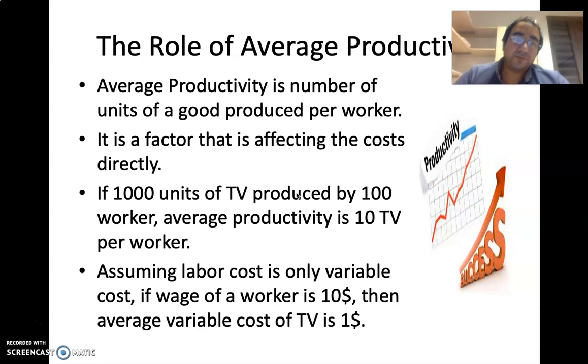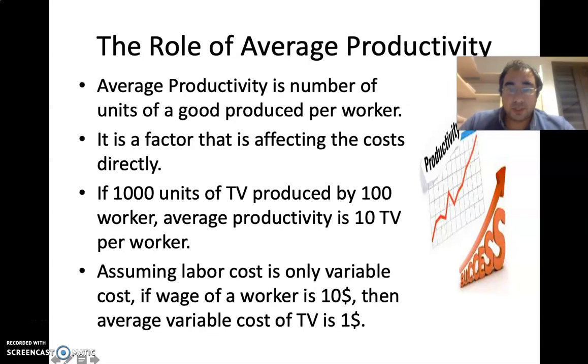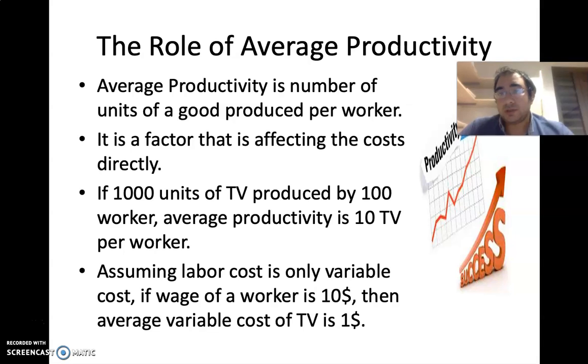Let's continue. Now we will look at the productivity of labor, and that will be our starting point. When we have a company, the easiest and most straightforward quantity we can get is the average productivity.